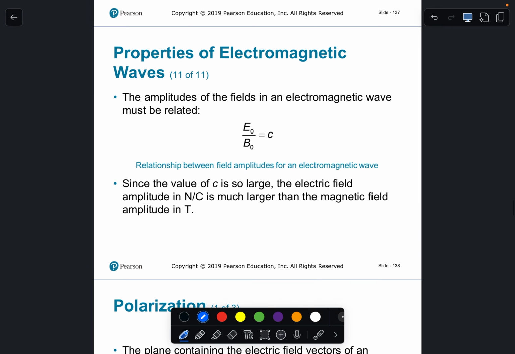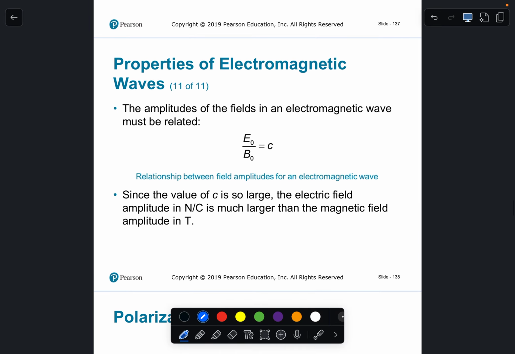And then here's that relationship again. The ratio of the amplitudes must equal the speed of light. And the speed of light also equals 1 over the square root of u naught epsilon naught. A result of this relationship is that the E field must be a lot bigger than the B field.